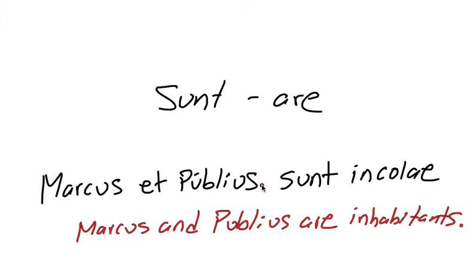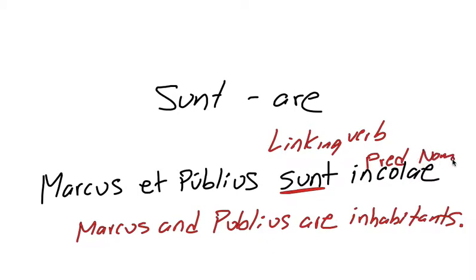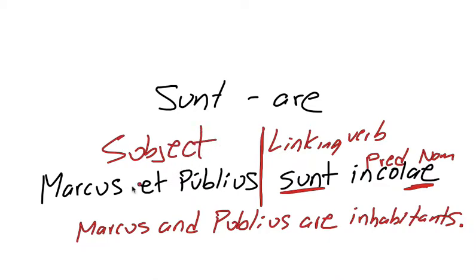Okay, so sunt is a linking verb, and so therefore incolae is a predicate nominative. It's in the nominative case, and it comes in the predicate part of the sentence. So Marcus and Publius, or Marcus et Publius, would be the subject, both of them.